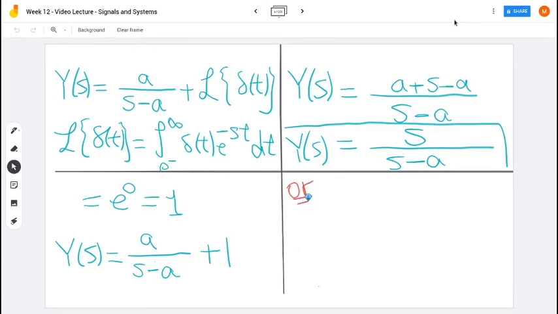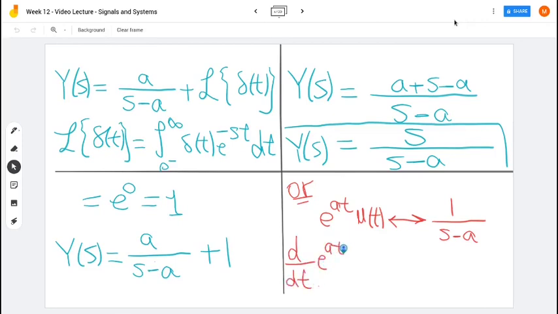Here we have a function e to the power at times u of t, and we know the unilateral Laplace transform has the value 1 over s minus a. Now the property says if we have the derivative of a function that we know in time domain, the unilateral Laplace transform would be simply multiplying this x of s that we know, which is 1 over s minus a, by s.